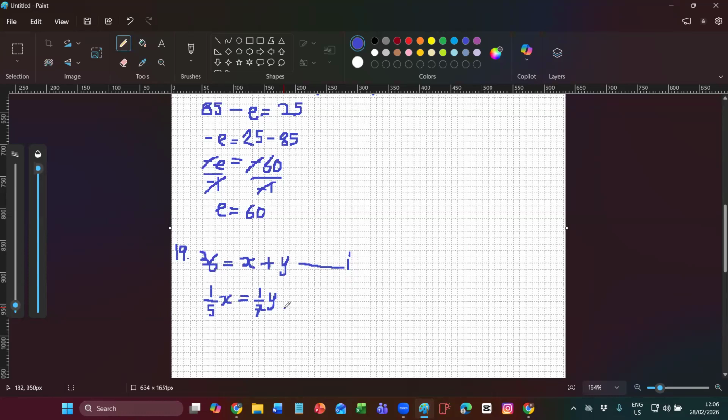Multiply what? I was thinking we should multiply 5 and 7 to remove the fractions. Good, so we take care of the fractions. Okay, so the LCM of 5 and 7, because both of them are odd numbers, we can basically go with 35, isn't it? Yes.